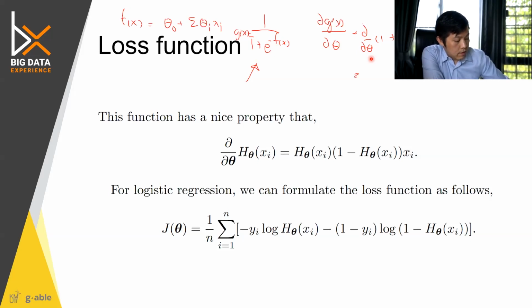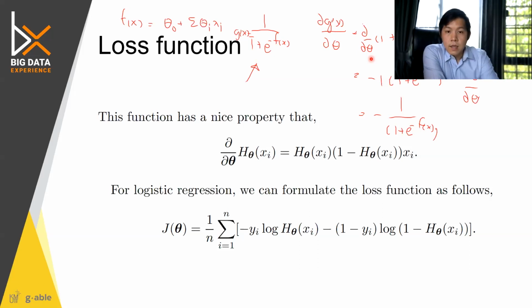And that would be equal to minus 1 times 1 plus e to the minus fx to the minus 2, and then you can take the derivative of the inside, and that would result in the partial derivative of e to the minus fx by theta.